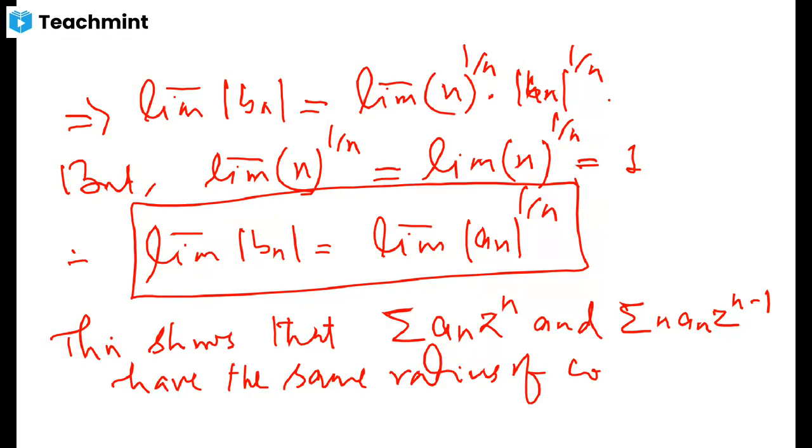Now next you can apply the same argument taking this as the first power series, and the second power series is the differentiated one of this power series, and in this way you get the same radius of convergence. Okay, we will be using this thing, and now coming to proving that the limit of the power series is an analytic function in the disk of convergence.